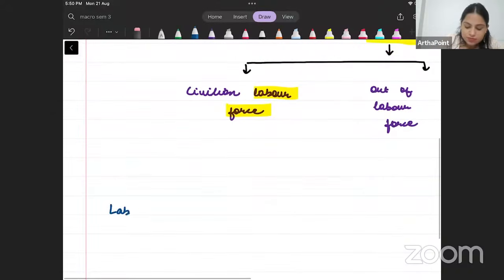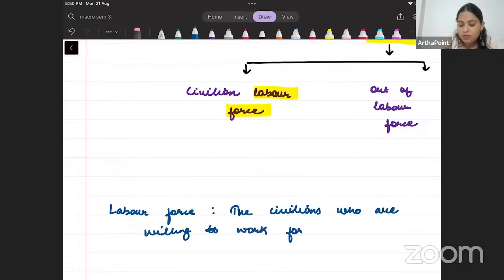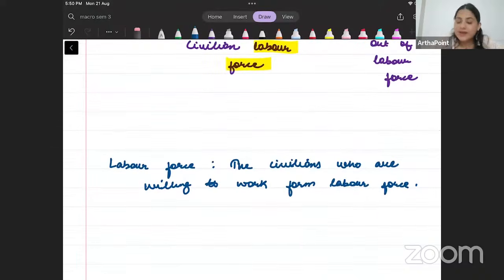Labor force: the civilians who are willing to work form labor force. So they may or may not get a job. वो बात की बात है. But they are looking out for a job, na? They want to work, na? They don't want to stay at home. Then they are part of this labor force.